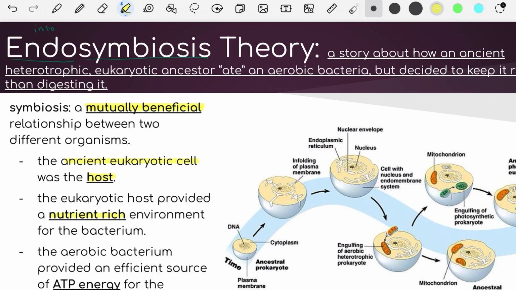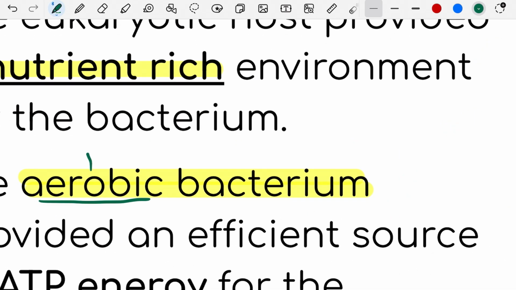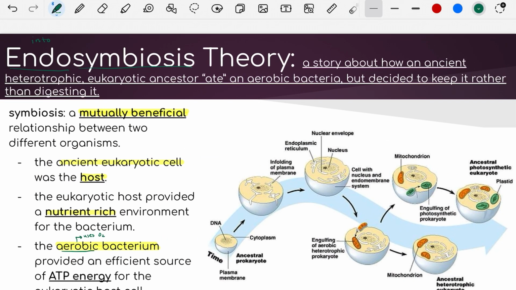Now, the aerobic bacteria means that it's a bacteria that breathes oxygen, right? So aerobic means uses oxygen. And it provided an efficient source of ATP energy for the eukaryotic host cell.